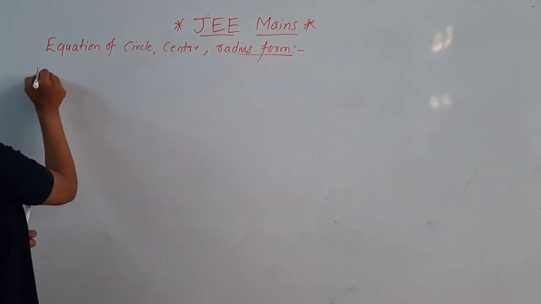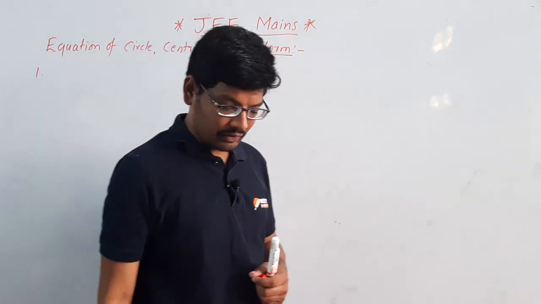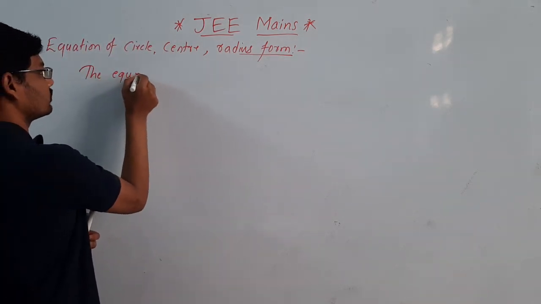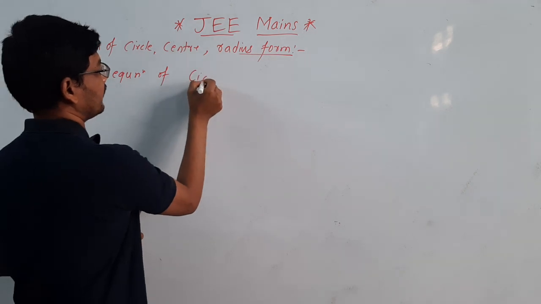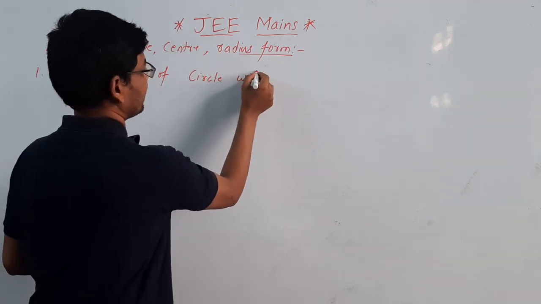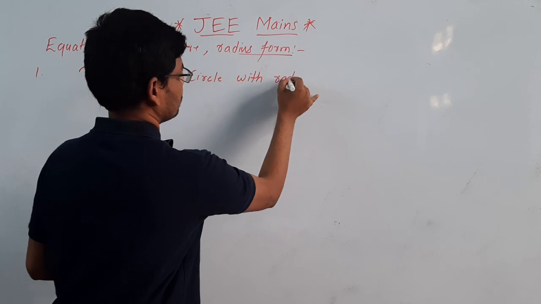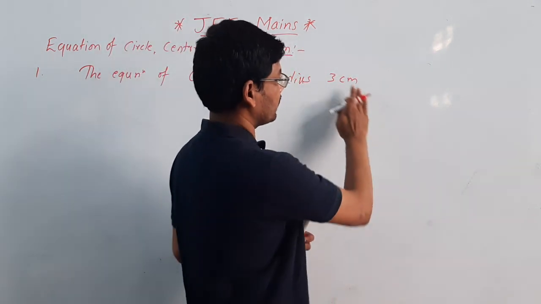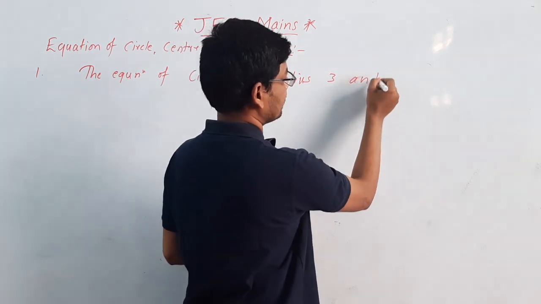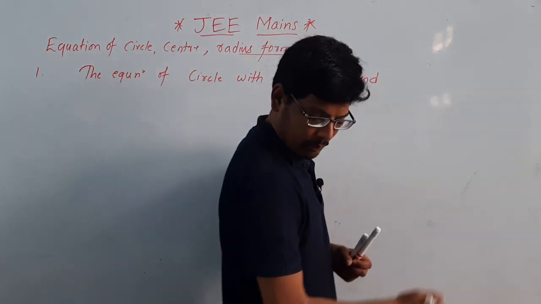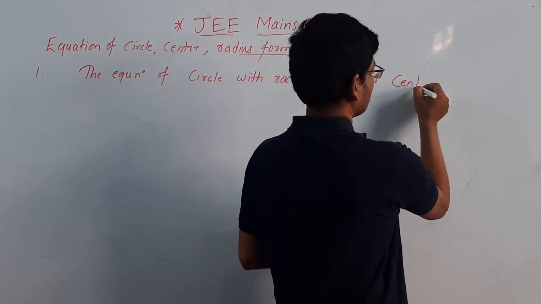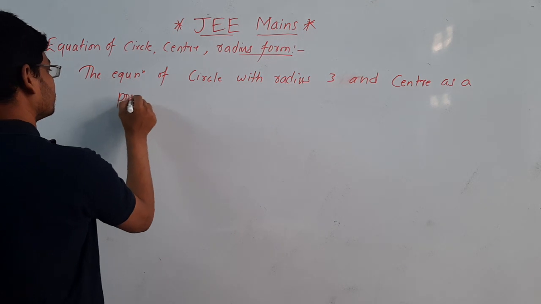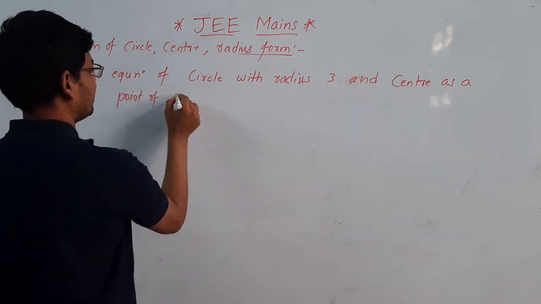In the first question, the equation of the circle with radius 3 centimeters and center as the point of intersection of lines.